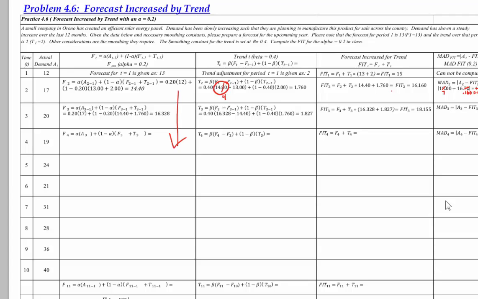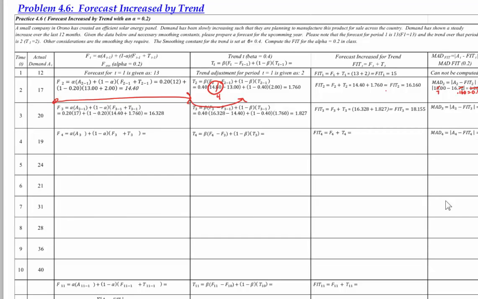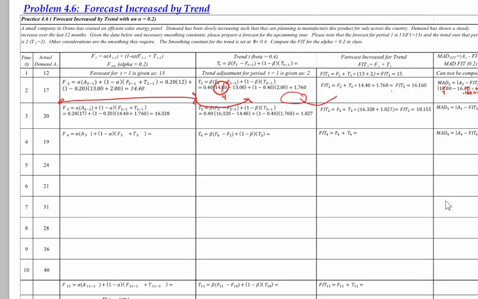So let's erase that line, and we're going to work from right here across. We'll get that answer, this answer will go to here, and actually this is comprised of this and this.